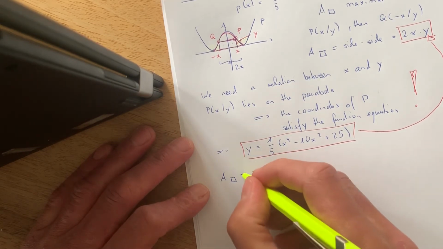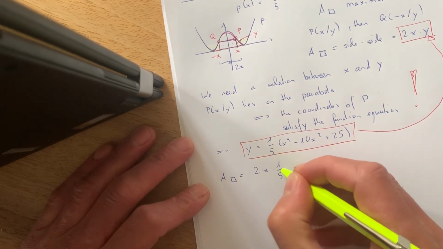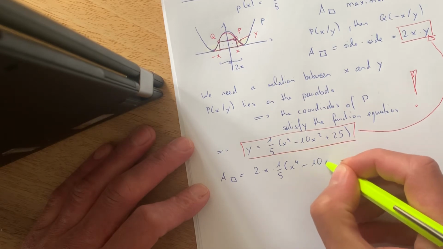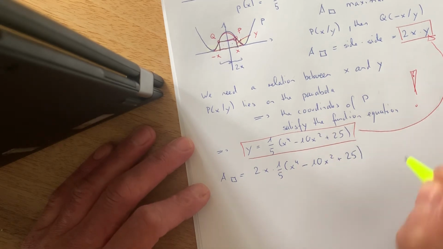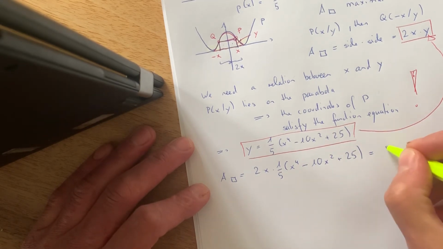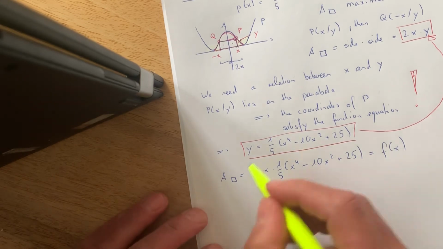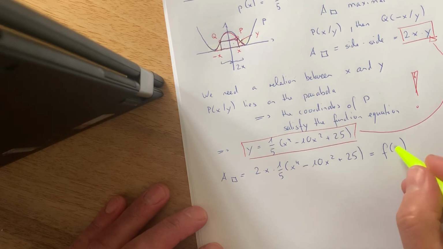So the area of the rectangle is given by 2 times x times 1 over 5 (x to the power of 4 minus 10 times x squared plus 25). And this is everything we need. This is the function whose maximum we are going to find.